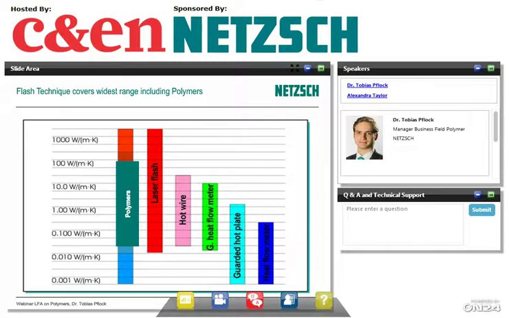But this is not what I will be talking about today. I will concentrate on the laser flash method, which you can see here already spans the largest range of thermal conductivities, and that is very fine as well to characterize the thermal conductivity of polymer materials.